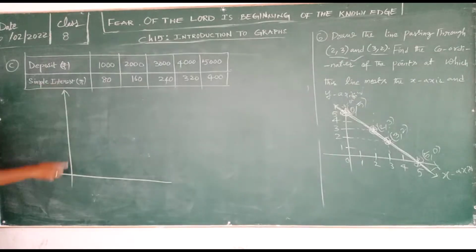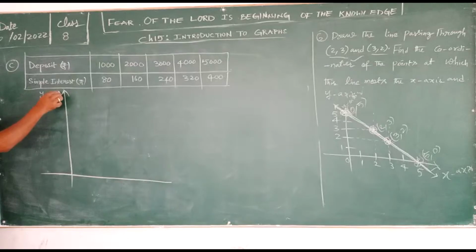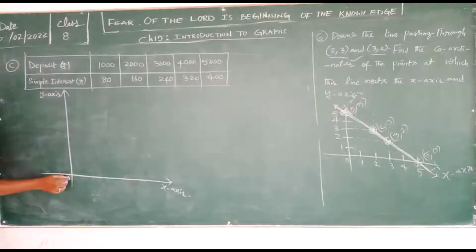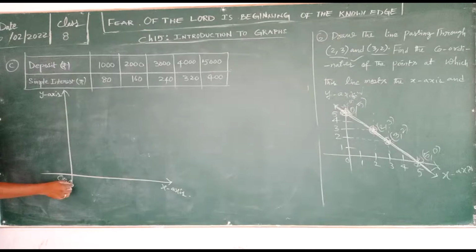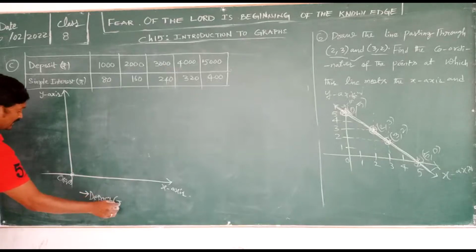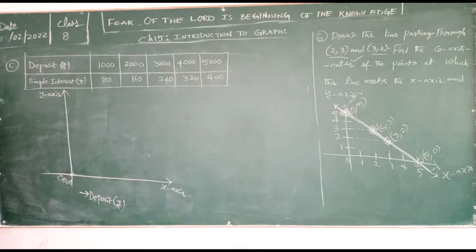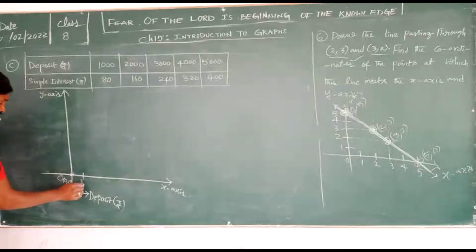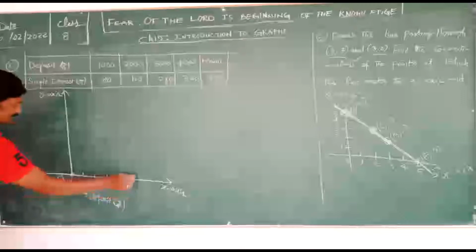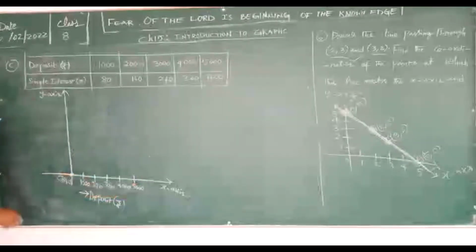You know the vertical line is the y-axis, the horizontal line is the x-axis, and the intersection point is the origin O, (0, 0). Now I'll take the x-axis as deposit in rupees: first 1000, 2000, 3000, 4000, and 5000.